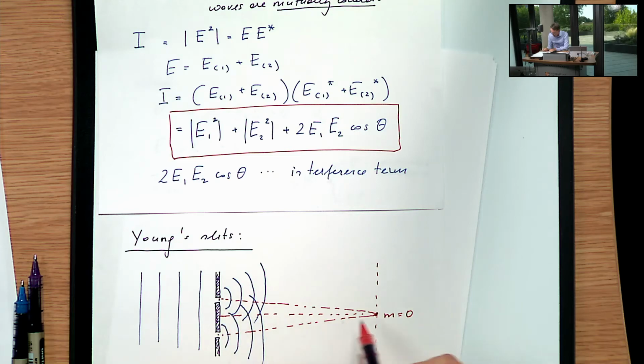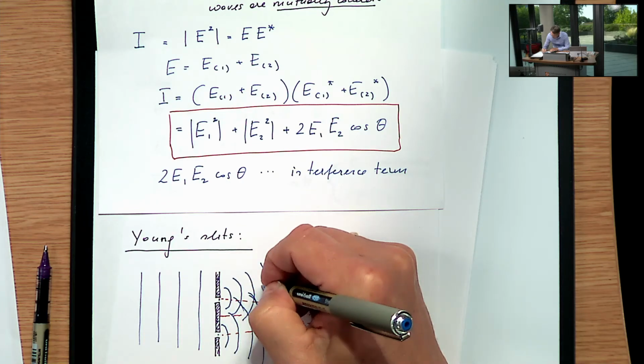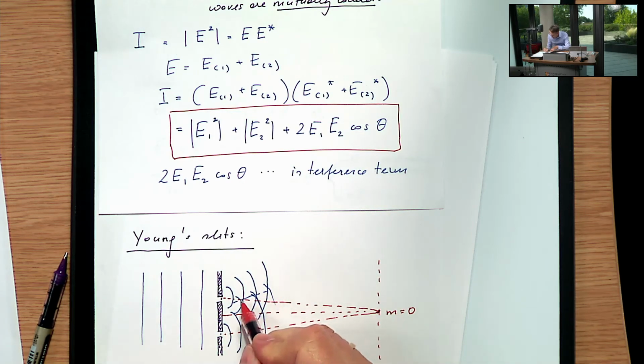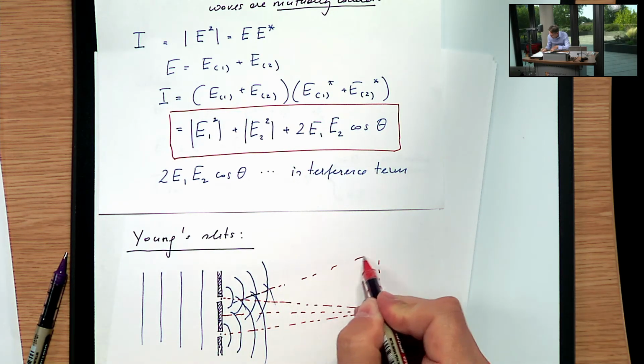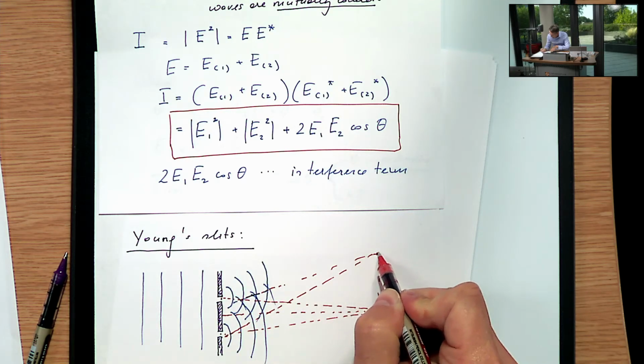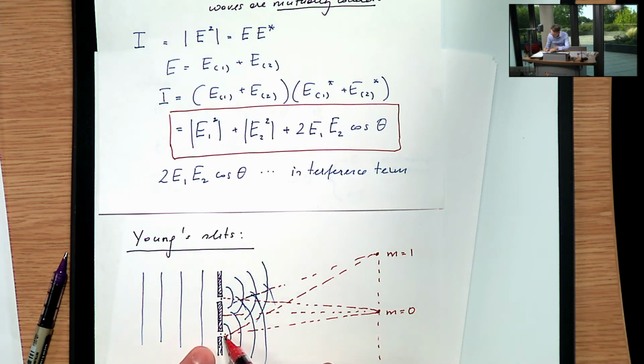Now let's find another point. If we look at a direction somewhere around here, maybe if we go along this direction, you can see these waves are adding up in phase. Perhaps at this point, this spherical wave takes a longer path than that one.